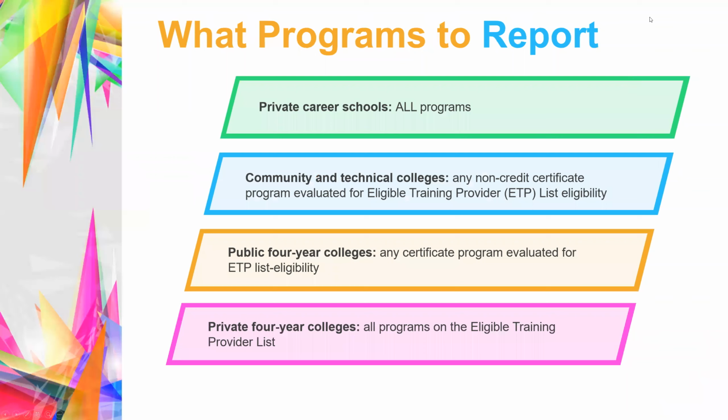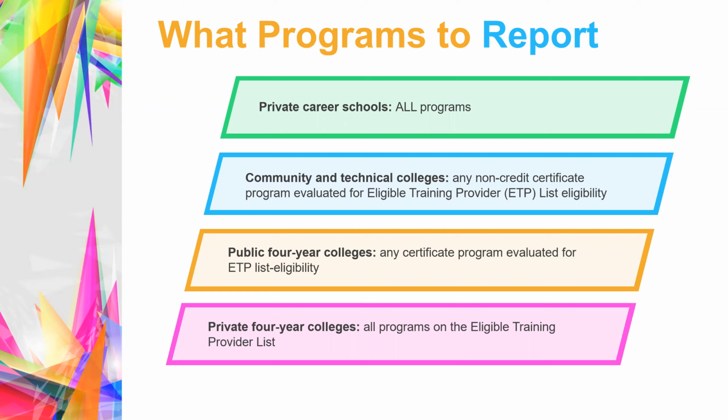Okay, what programs to report? So everybody's type of school is a little bit different as far as what type of programs to report. If you are a private career school, you have to report all of your programs to us. If you are a community and technical college, you have to report any non-credit certificate program evaluated for our state's ETP list.